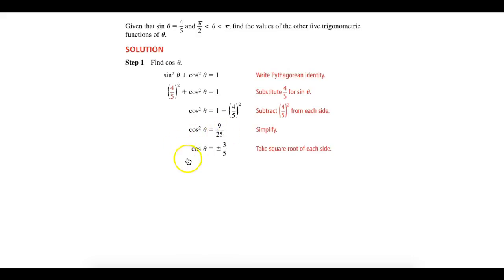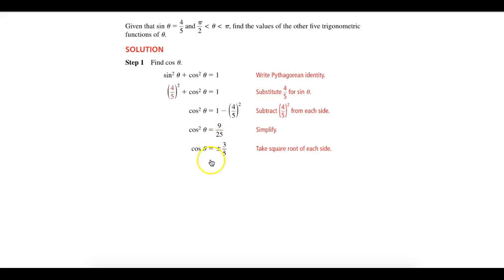And if we take the square root of both sides, we get that cosine is equal to plus or minus 3/5. Now remember, because we took the square root of this, our cosine could be equal to plus or minus 3/5.